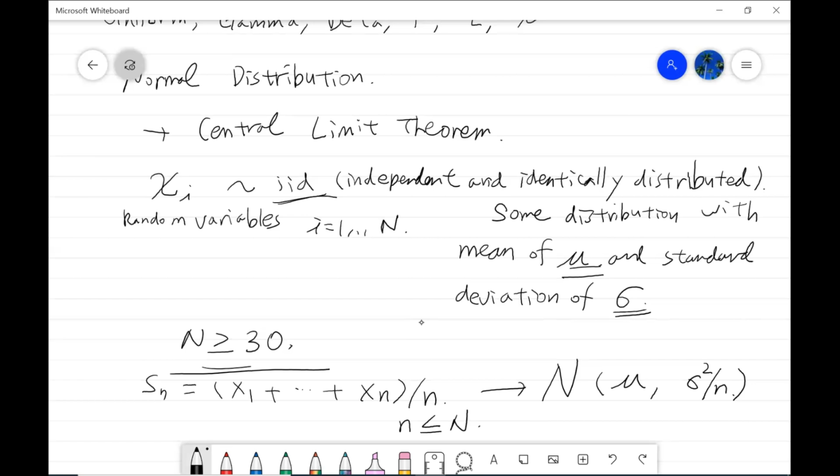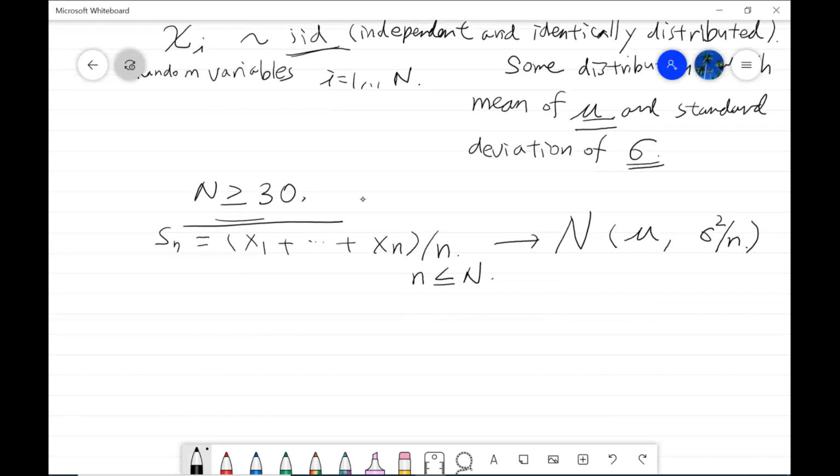Let me talk about some special natures of the normal distribution. Again, the normal distribution is one of the continuous probability distributions. So the way you describe the normal distribution is this: let's say X follows the normal distribution with mean mu and variance sigma square, where Xi, i is from 1, 2 until n.